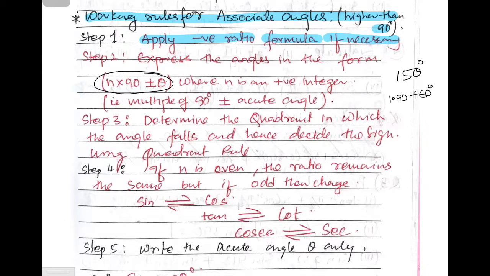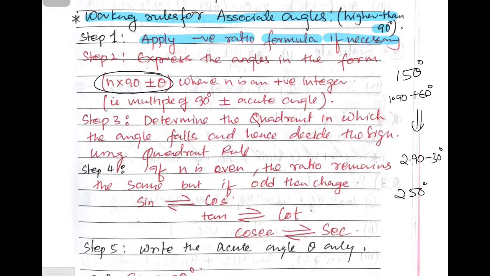Did you understand? Or else the same thing, you can also express it as 2 into 90 minus 30 degree. That's also correct, because 2 into 90 is 180, minus 30 would give you 150. So anyway, you just have to express any given angle in multiples of 90 plus something extra. What about 250 degree?